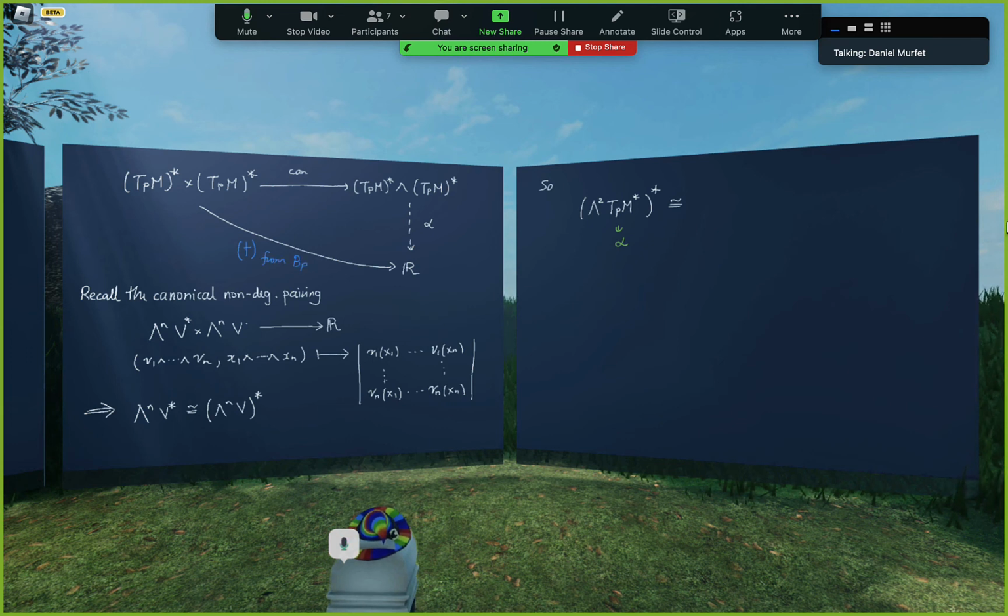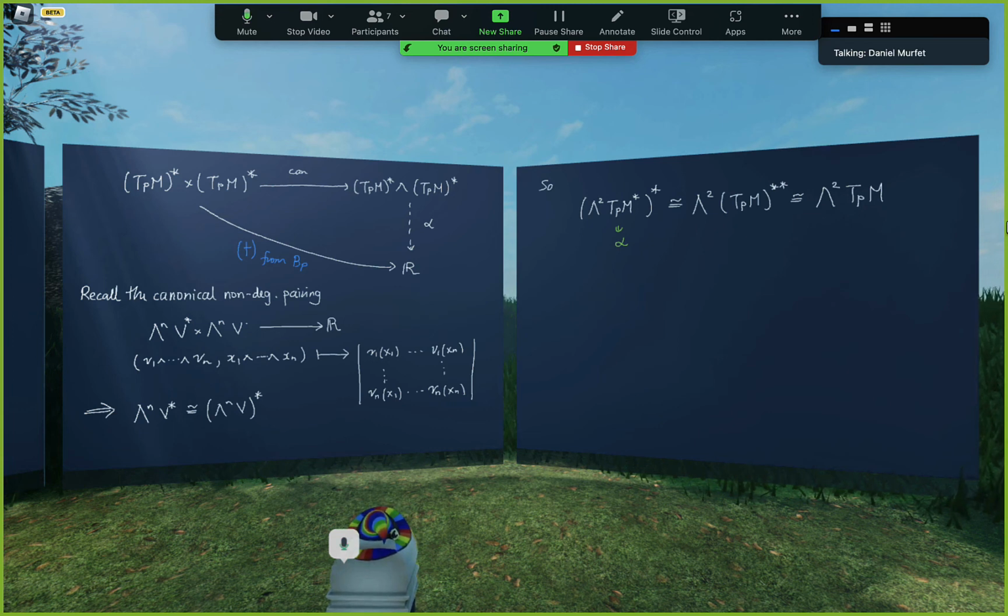I presumed I had this pointwise skew-symmetric biderivation, and I've constructed from that dagger. Dagger factors through the wedge product via a linear map alpha. Alpha lives, by definition, in the dual of the wedge product of TPM star with itself. And by what I just reminded you of, I can take that dual inside and get the double dual. That's finite dimensional, so that's canonically isomorphic to the second wedge product of TPM.